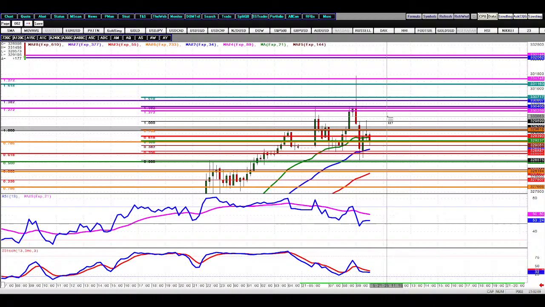But on the other hand, if the price breaks above 3304, chances are this correction is already over, then we may see the price moving higher.